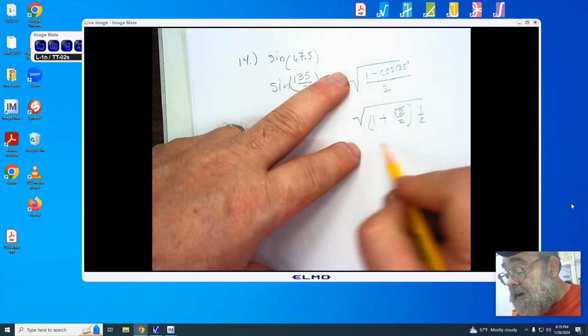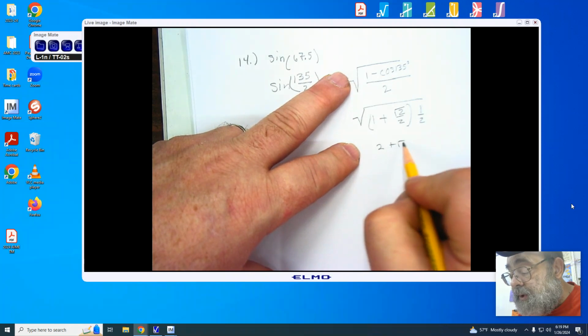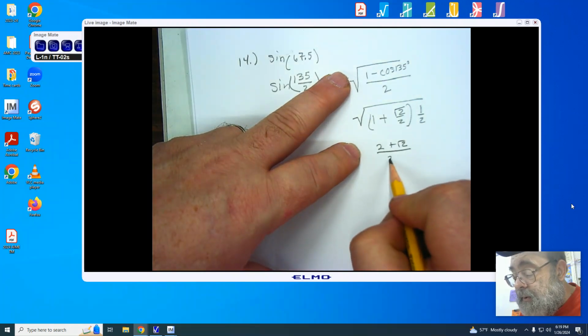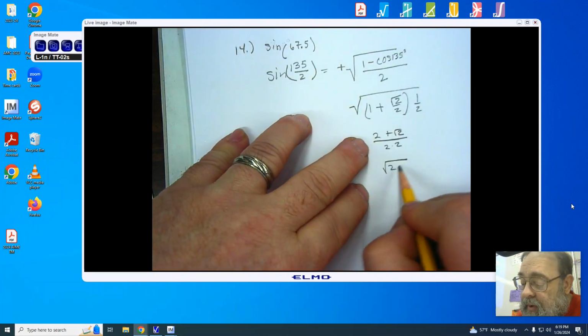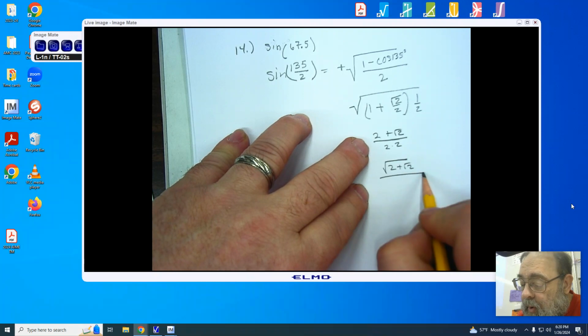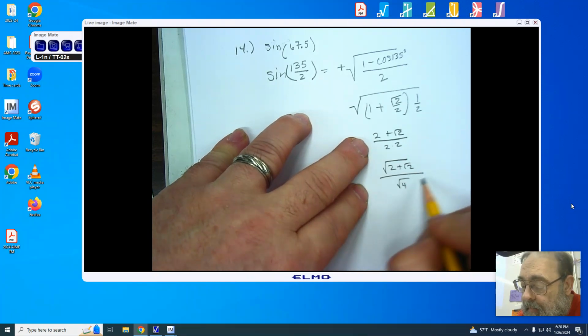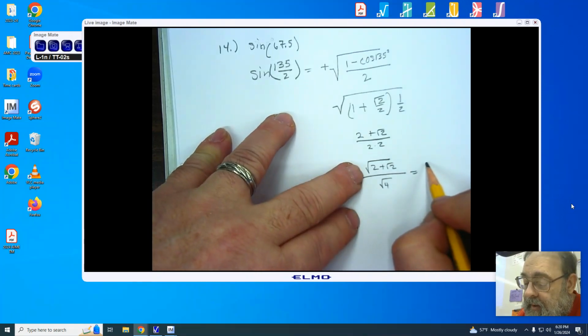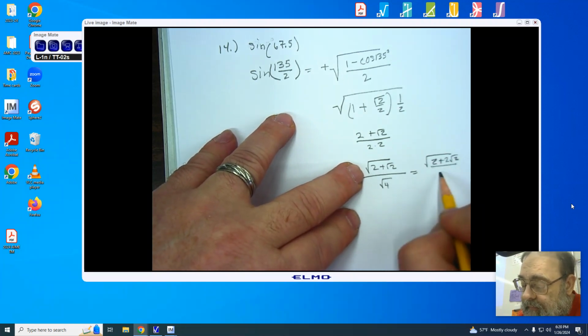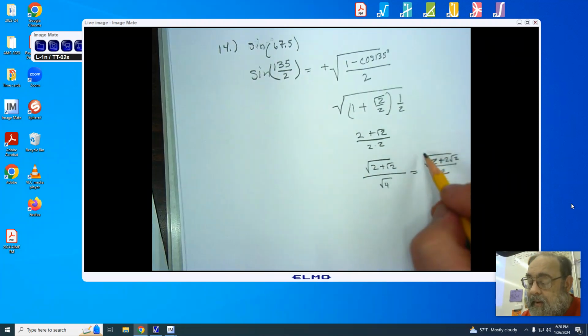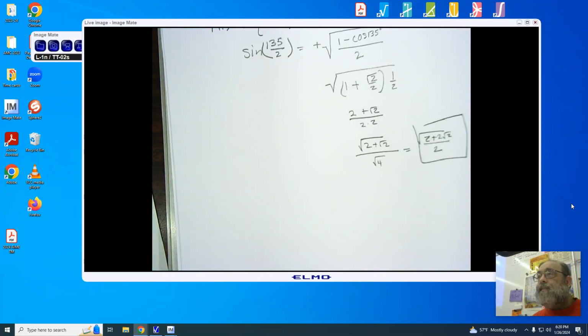So, common denominator is 2 plus root 2 all over 2 times 2, and that's going to give me a 4. I then have the square root of 2 plus root 2 in the numerator and the square root of 4 in the denominator. I end up with the square root of 2 plus root 2 divided by 2. And there is my answer.